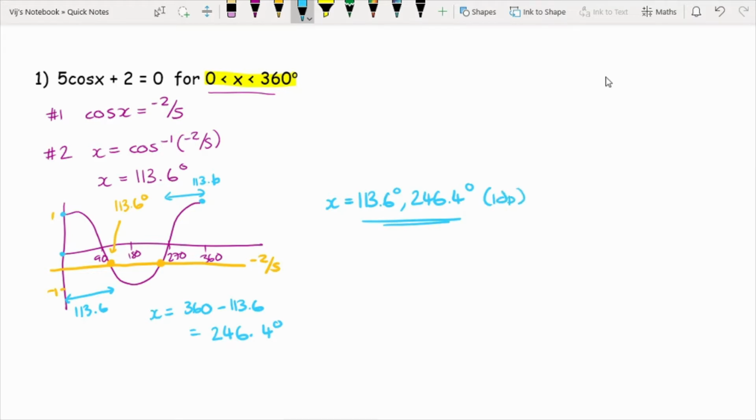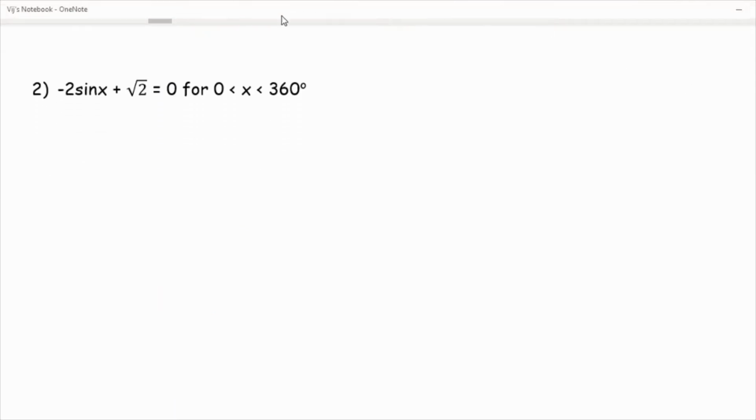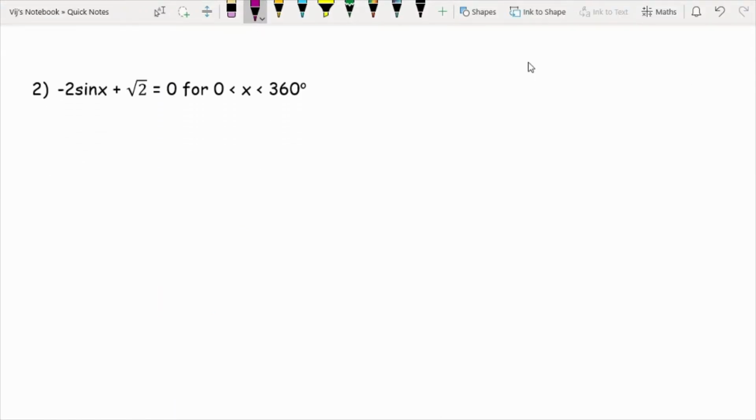So moving on to our second example. In this particular example we've got more complicated sorts of values. So again it's worth double checking what range we're working with. We're working with the range of 0 to 360, and as you can see in this example I need to make sine x the subject.